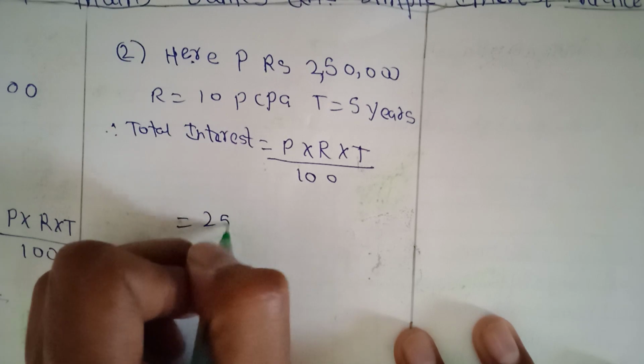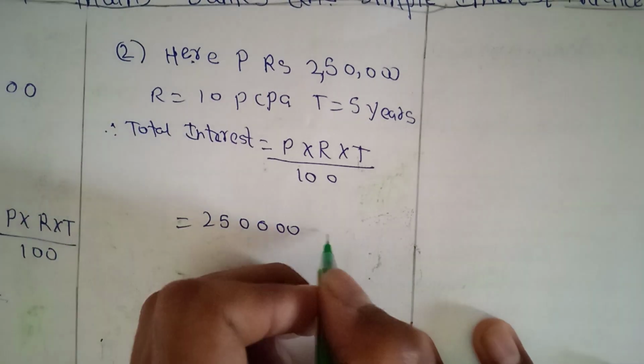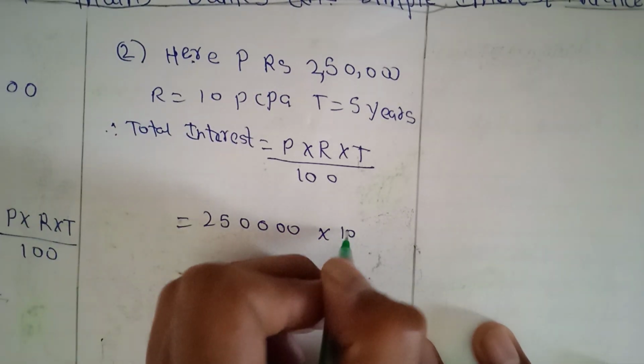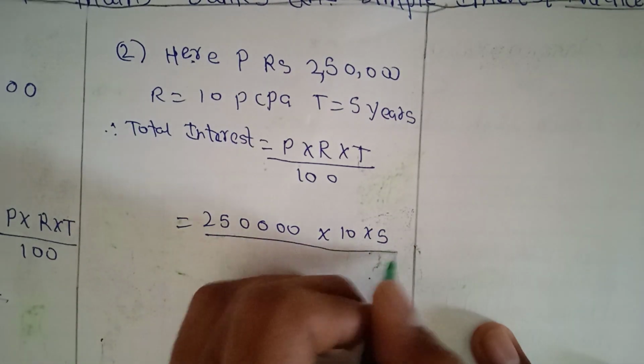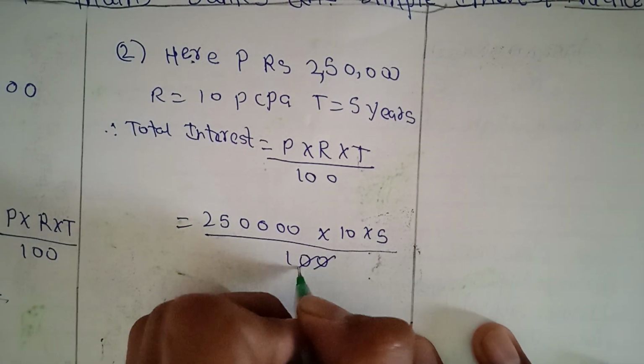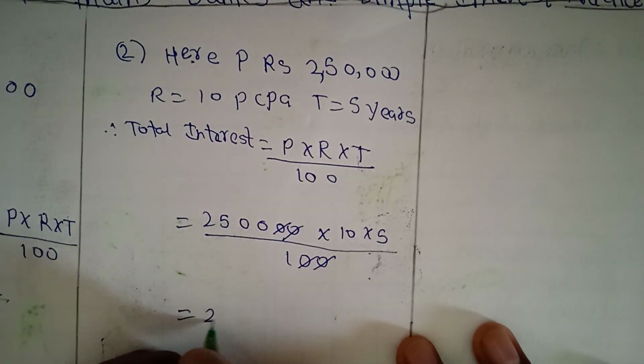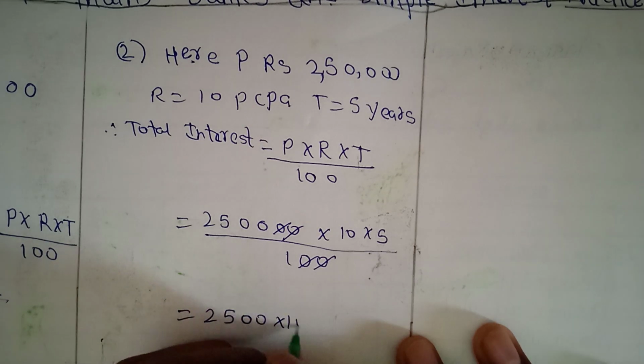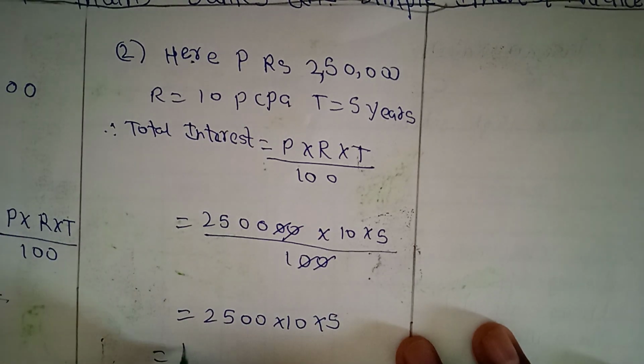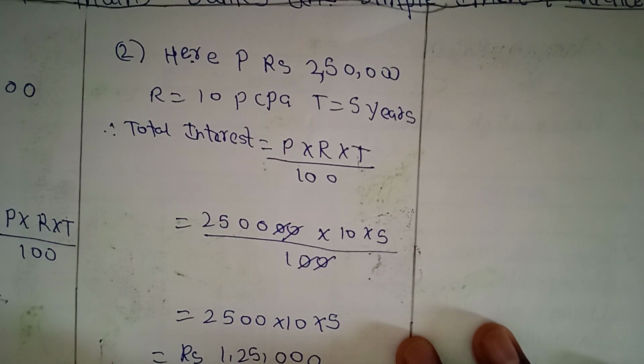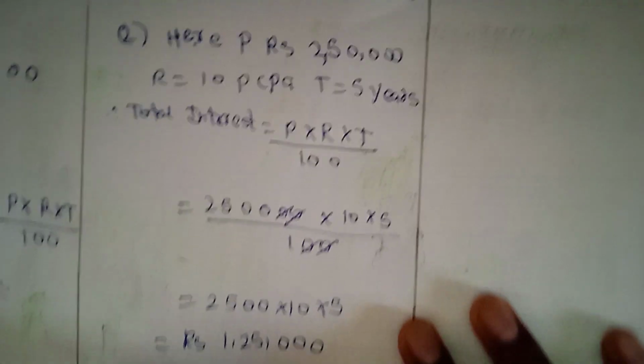So 2,50,000, that is P, into 10 into 5 upon 100. These 0s get cancelled with this 2, so we are left with 2500 into 10 into 5. The answer is rupees 1,25,000.